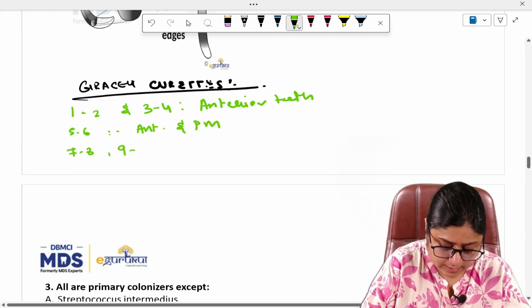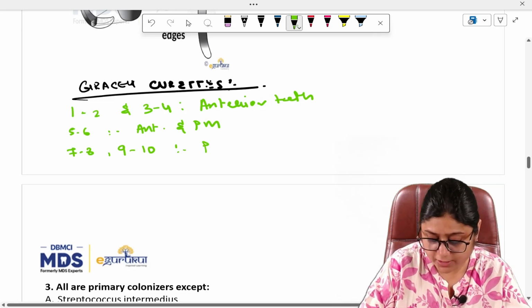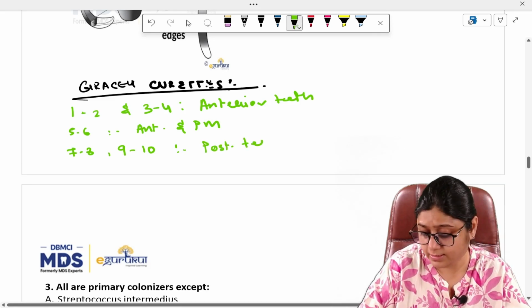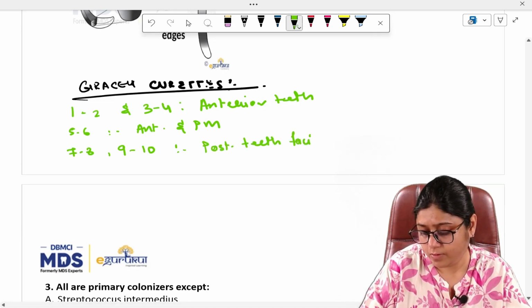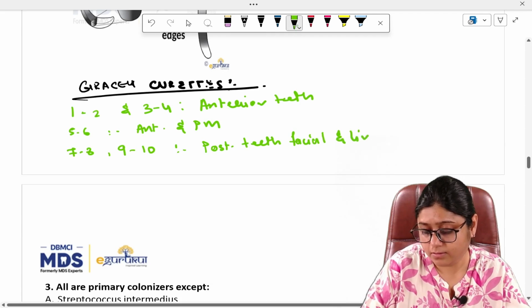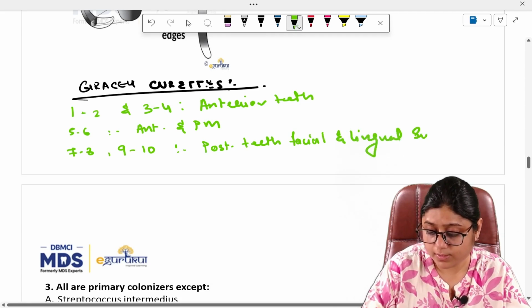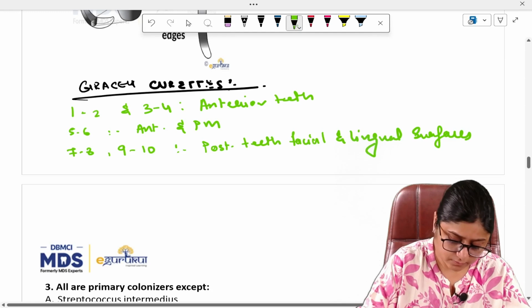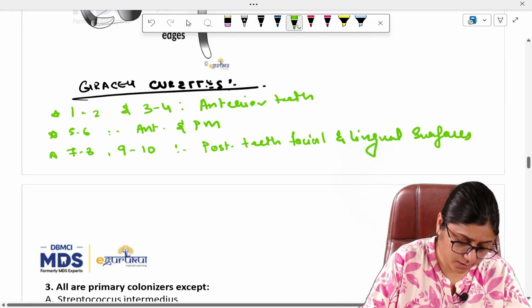7, 8, 9, 10 is posterior teeth, facial and lingual surfaces. Okay.